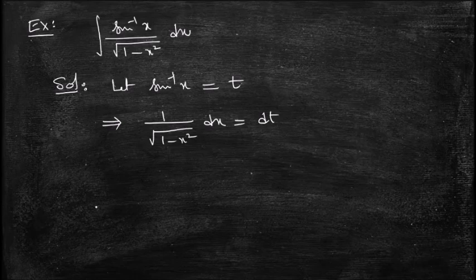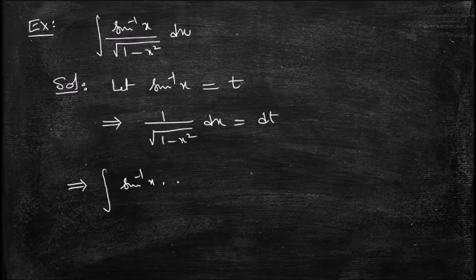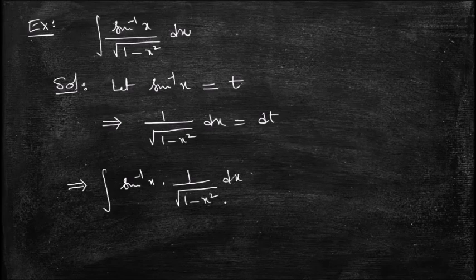Now if you observe, I just want to separate and show you integration of sine inverse x into 1 by under root of 1 minus x square dx. It looks like this. So when I replace sine inverse x as t, this entire thing will be replaced by dt. So integration of t dt.